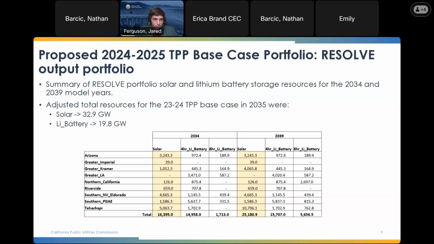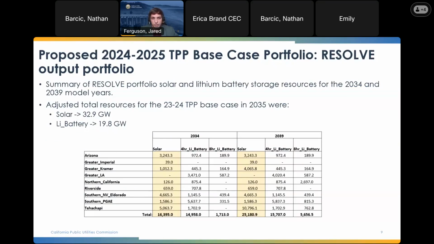So over these next few slides, we're just going to run through what Resolve does select, and I have also included in comparisons that updated amount after accounting for the baseline adjustment resources that were in the previous TPP portfolio. So you can see for solar and storage in this proposed portfolio, the big change is the amount of solar.